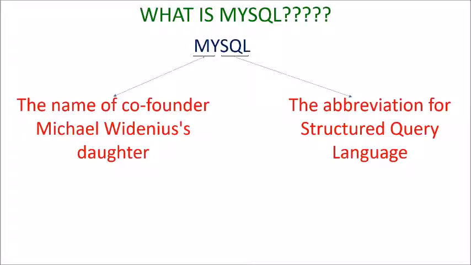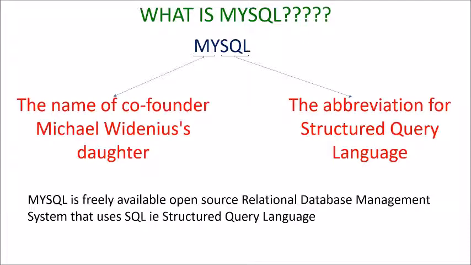So MySQL is made up of two terms, that is My and SQL. My is the name of the daughter of Michael Widenius, and SQL is the abbreviation of structured query language. This is the language which is used to manipulate the database. And why do we use MySQL?